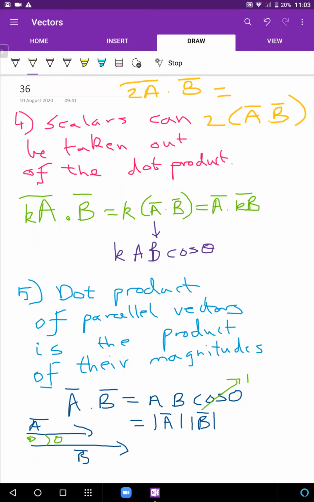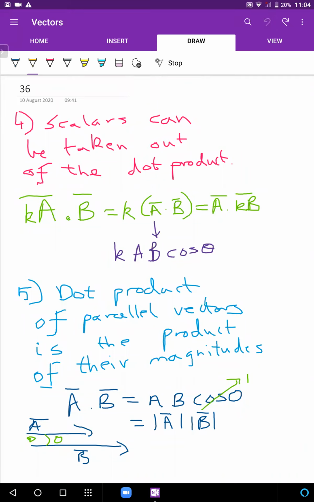Because whichever way you look at it, this is going to be 2AB cos θ. So you can just take the numbers outside the dot product. That's just for your information.